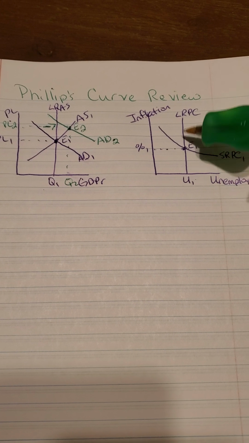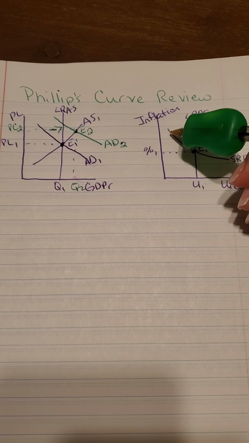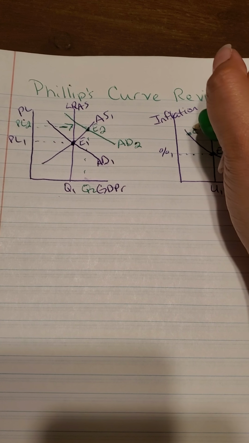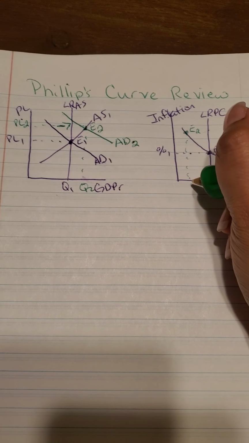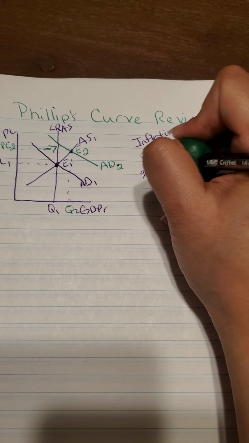We know that price level increased, we're in an inflationary gap, and unemployment decreased. So our equilibrium on this graph would be somewhere there. Label your new points, E2, U2, and %2.